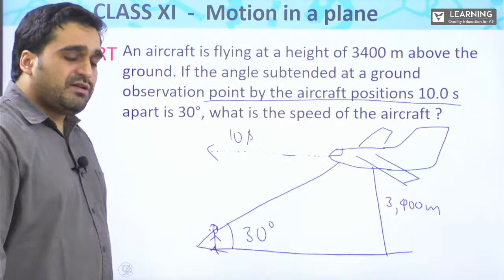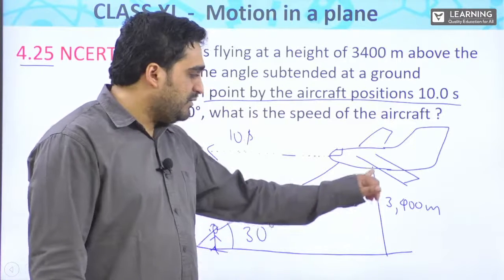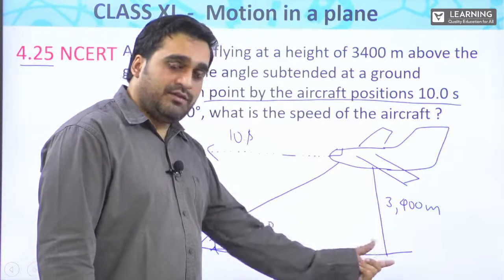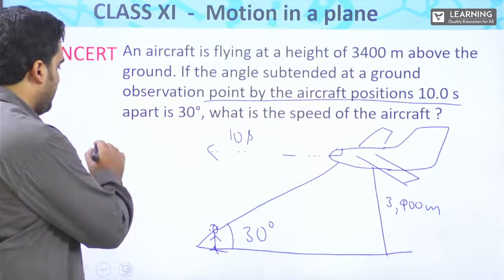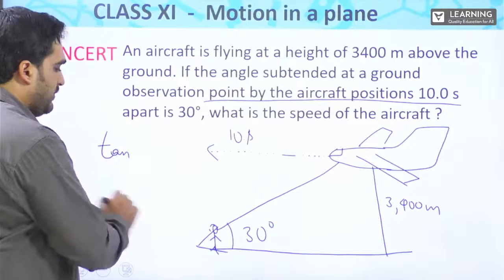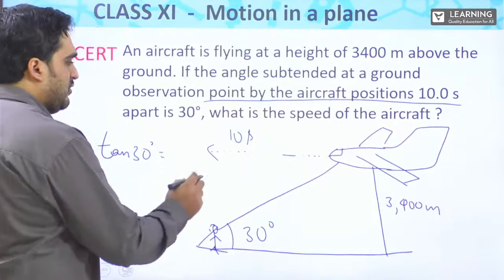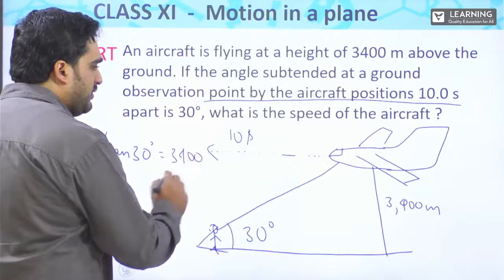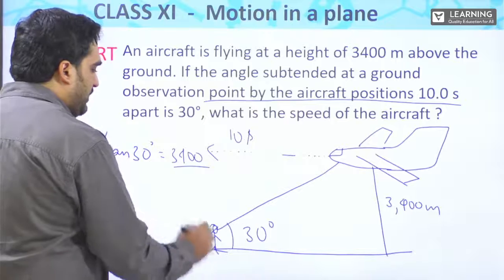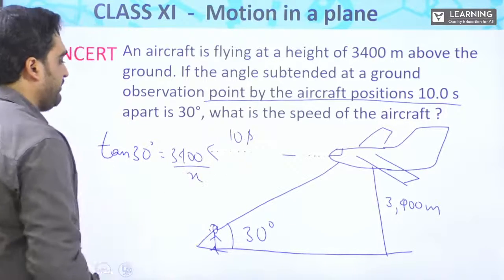We use the ratio tan in this case. Why? We have the opposite side and we need to find the base. So let's make a note of it. Tan 30 degrees equals opposite, which is 3,400, divided by the base. Let's call it x.